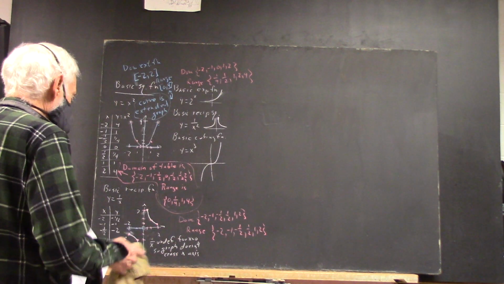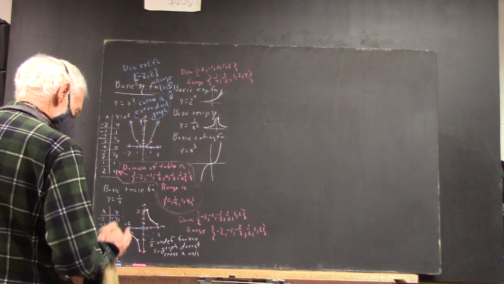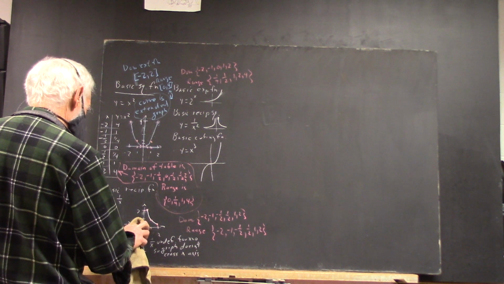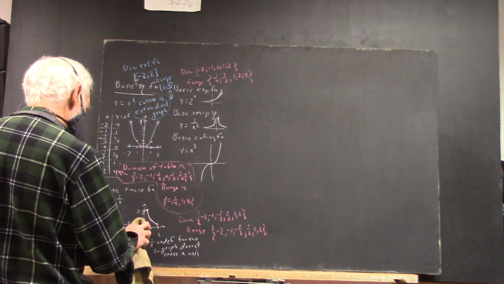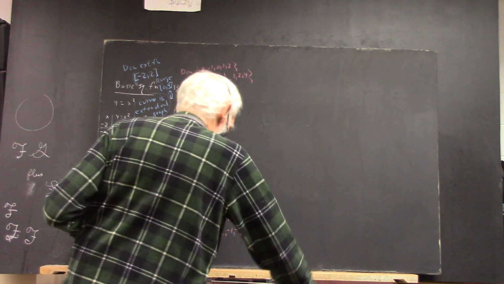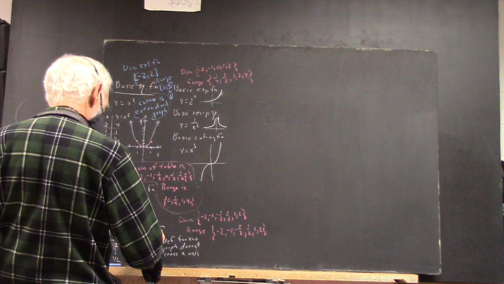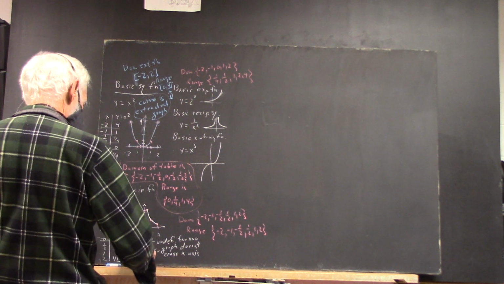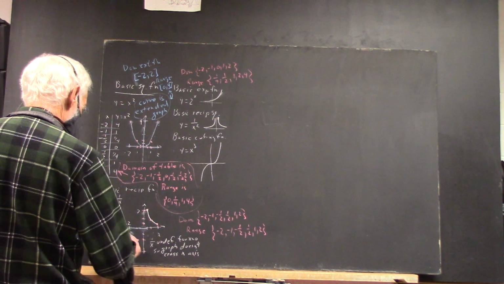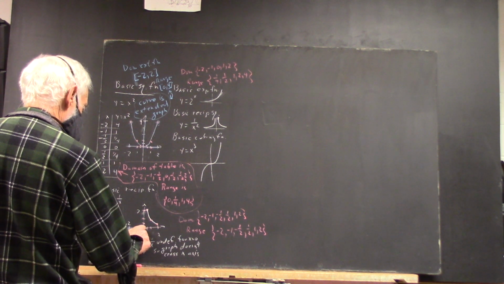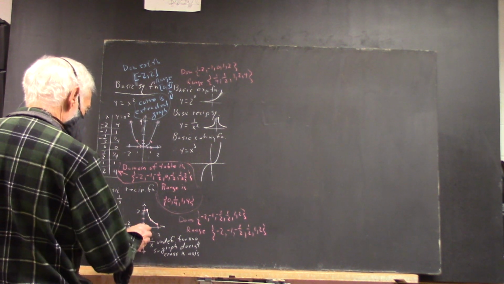Because for the extended basic function, we stop here. We don't even go past -1/2. Apologies there. Okay. So the domain starts at -2 and goes up to -1/2.